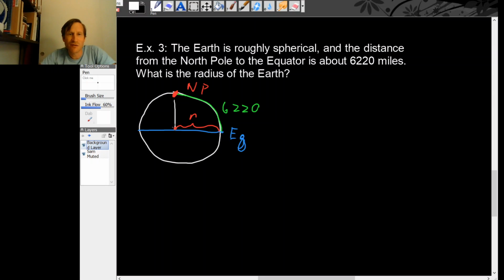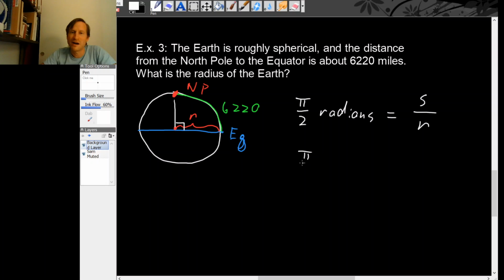Well, let's see. It looks like right here, if we add this vertical line from the center of the Earth up to the North Pole, there's a right angle right there. And we know that right angle is pi over 2 radians. But an angle measurement in radians is an arc length divided by a radius.